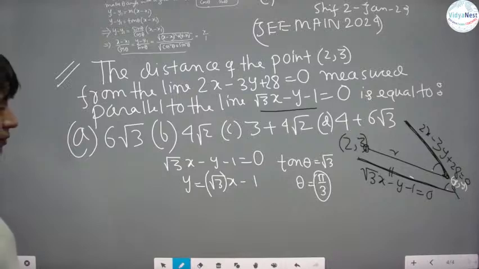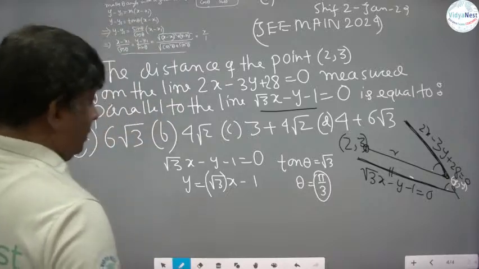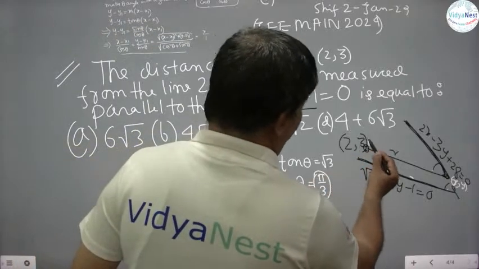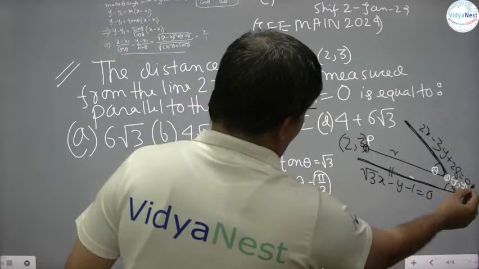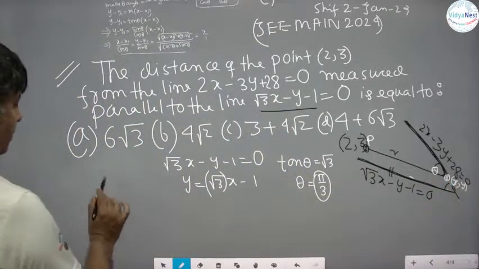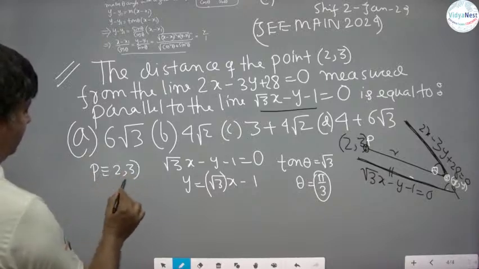Now, you observe theta is pi by 3. Now, let this line be PQ. This junction point is Q, that is denoted by x, y. P is 2, 3.